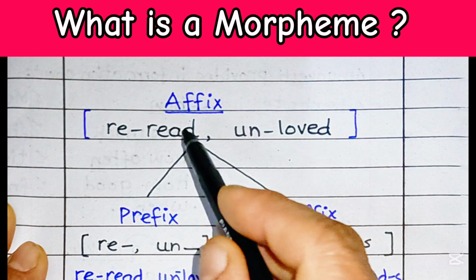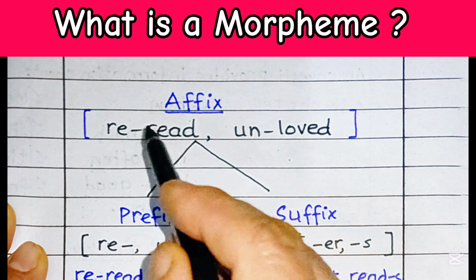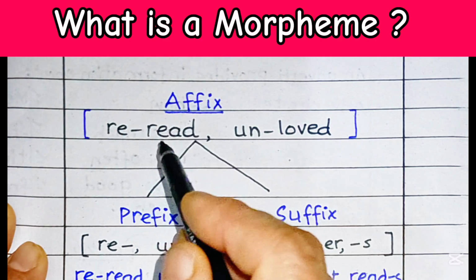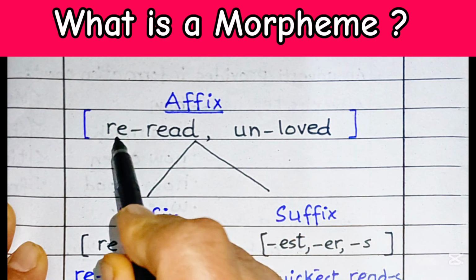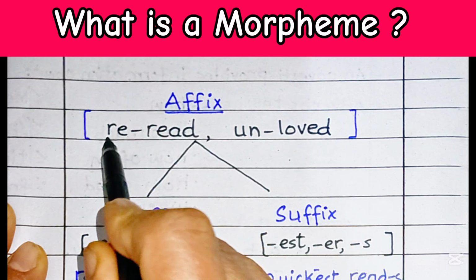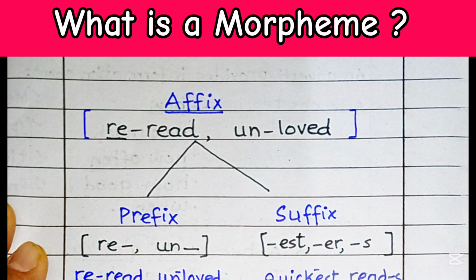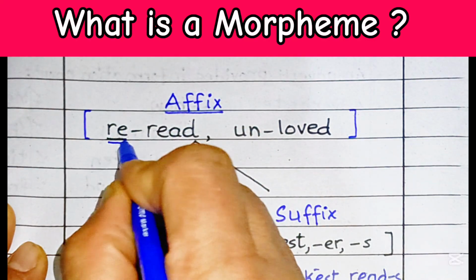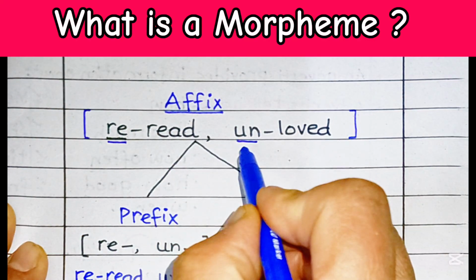An affix is a morpheme which attaches to roots or stems, changing their meaning in regular ways. Examples are re in reread, and un in unloved.